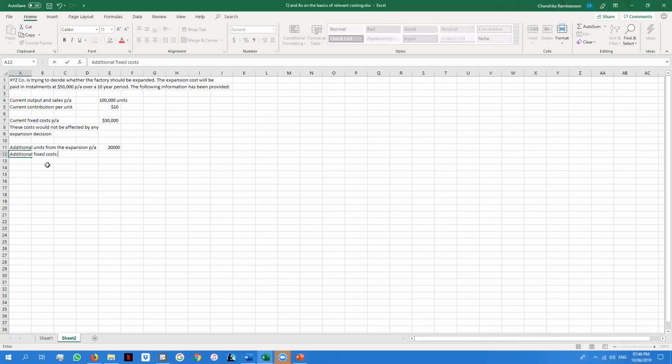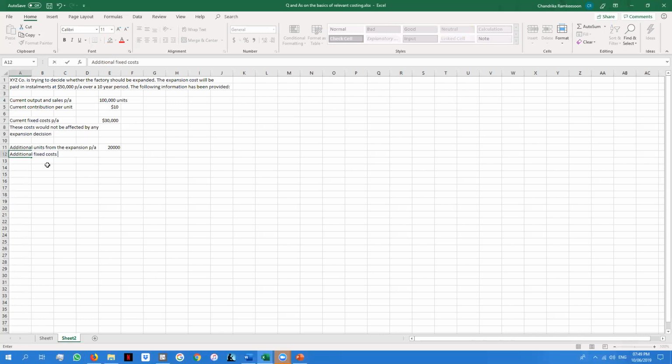Agreed, it is future and it is a cash flow, but it is not affected by the decision because whether XYZ decides to expand or not, the 30,000 existing will still be paid. And this again is why I told you the three different criteria must apply. Future, affected by the decision, cash flows.